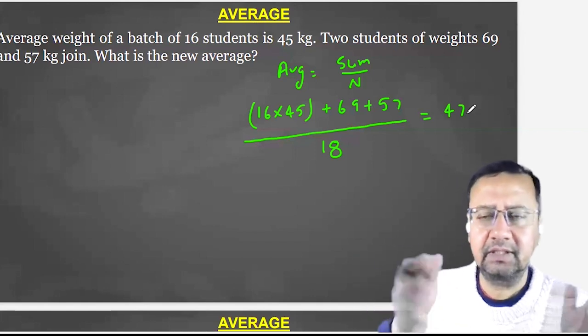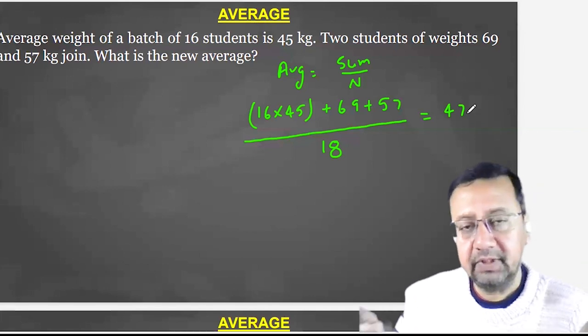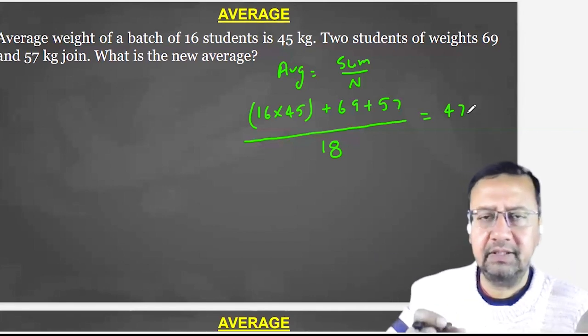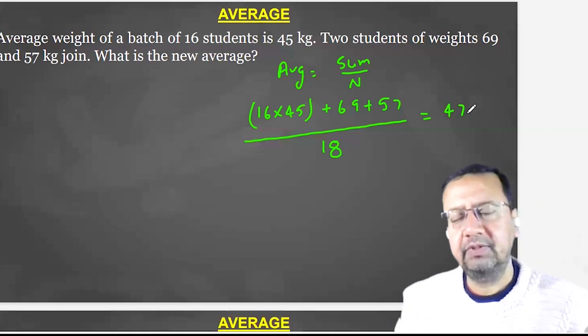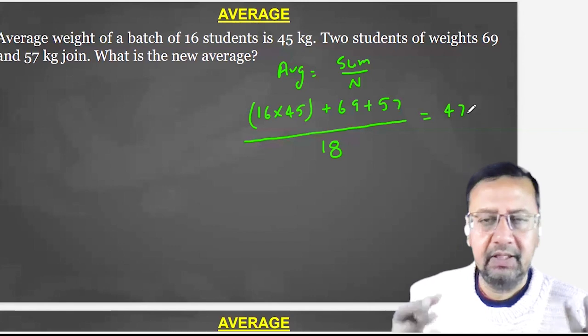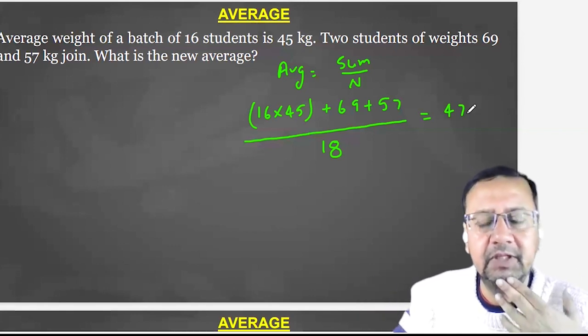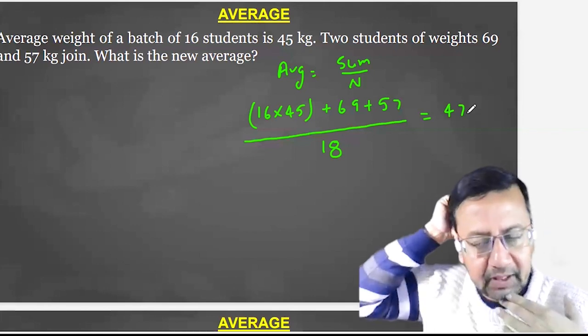So total 36 is coming into the group, and total students are 18. So if 36 is the extra weight and 18 students are there, everyone will get 2 kg. So 45 is present, new is 47. So this is my answer, just verbally, nothing to calculate. That would be way faster, right?